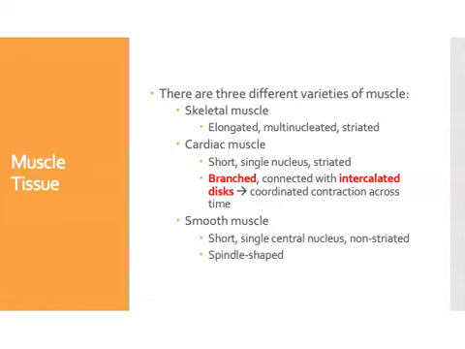The heart does not contract all together all at the same time. Individual regions of the heart contract one after the other to produce the pumping effect that the heart needs to perform to move blood through the body. So there are some interesting anatomical and functional differences between cardiac muscle and skeletal muscle.